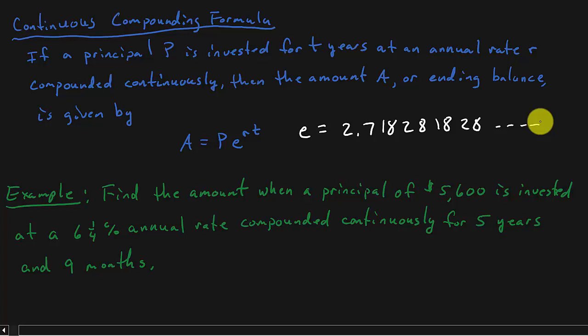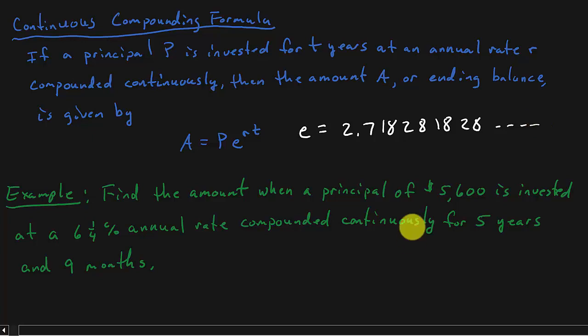Okay, that's E. It's a special number. We assigned it a letter just like pi. That's all it is, and it's on your calculator. It's above the natural log symbol. There's a LN button on your calculator. It's right up above that one.